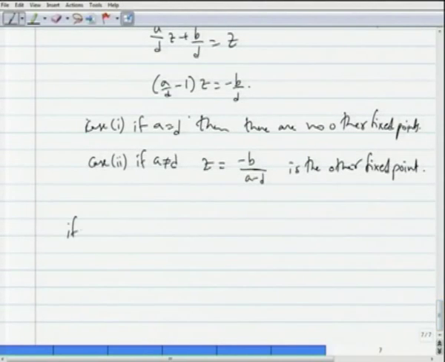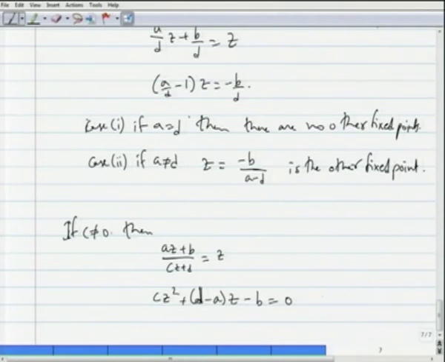If c is not equal to 0, then equating (az plus b) by (cz plus d) to z, what we get is cz squared plus (d minus a) times z minus b is equal to 0. So, we get a quadratic equation.